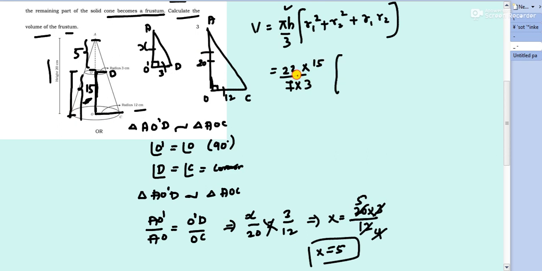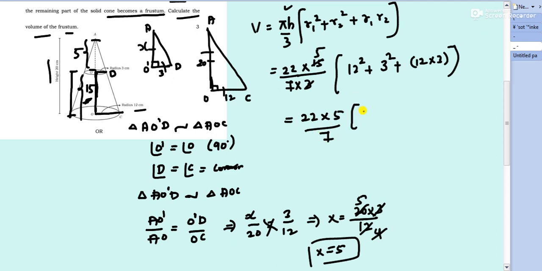Now just substitute the rest of the values as it is. So R1 you can take 12 square plus R2 is 3 square plus 12 into 3. So on solving this, 3 5s are 15. And let me write it as it is, 22 into 5 by 7. Here how much you'll get?